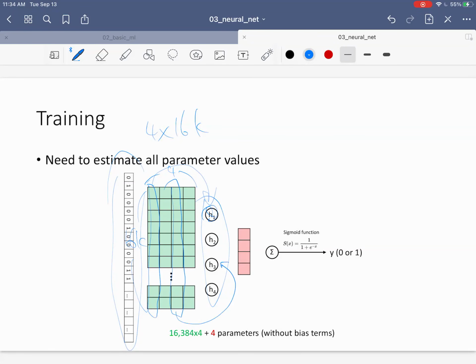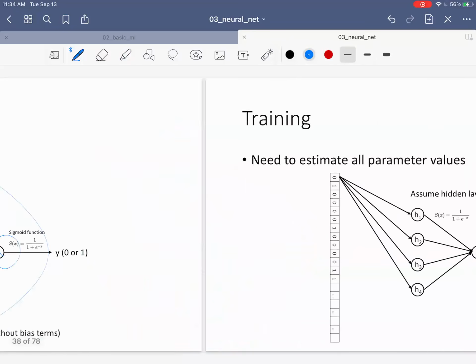Since there are 4 neurons, there are 4 outputs, so there will be only 4 trainable weights between the hidden layer and the final layer. All in all, it's 16K times 4, so 64,000 plus 4 learnable parameters. That's what you need to tune and optimize so that your model will behave nicely.